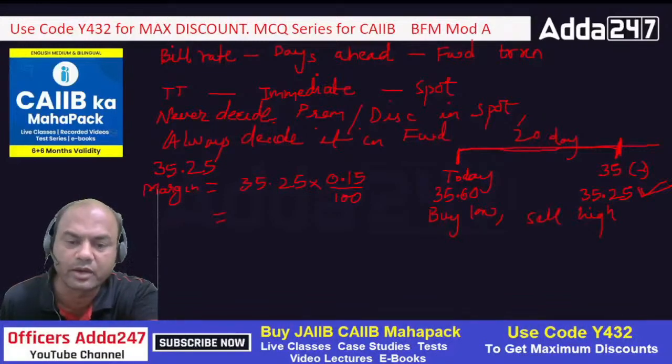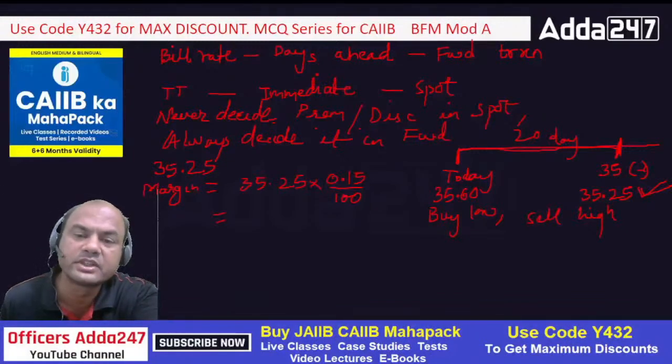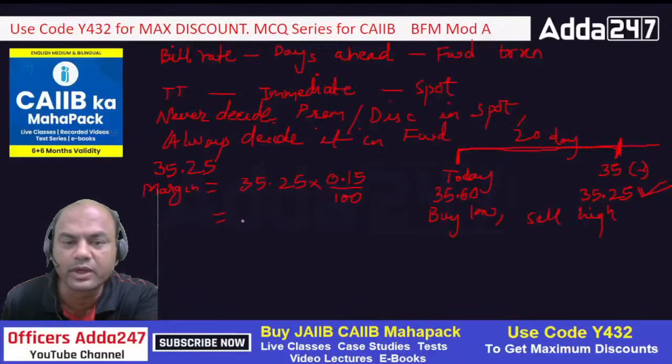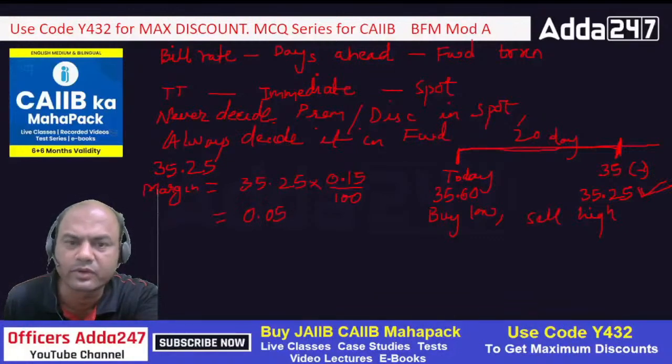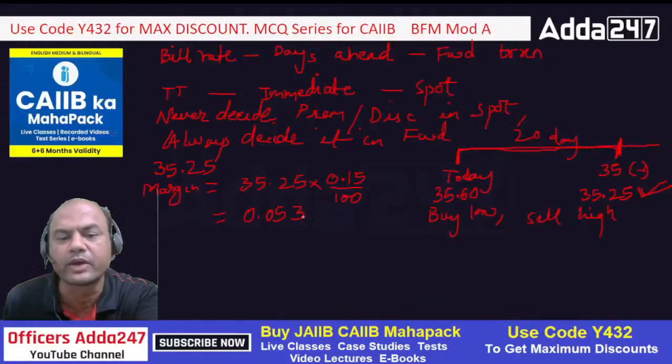35.25 into 0.15 upon 100. Let's see who does it fast. What is the answer you are getting? You're getting 0.0528, right?